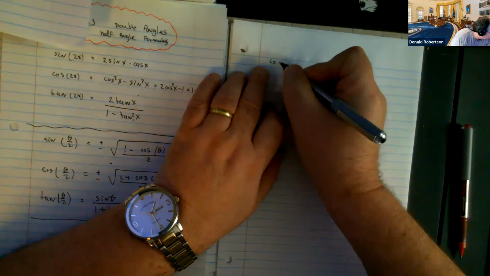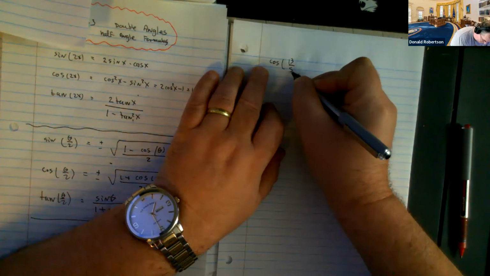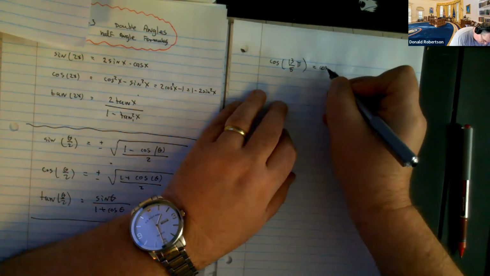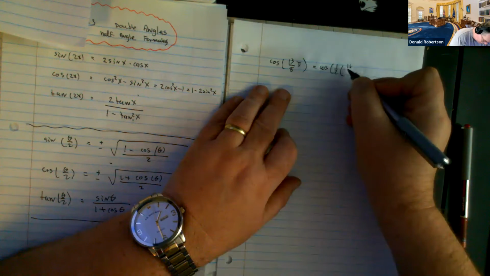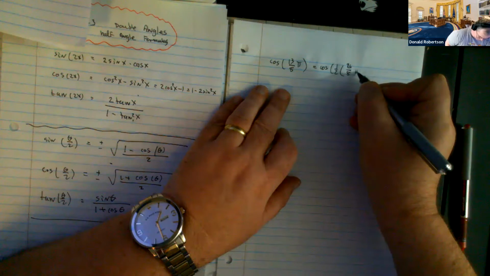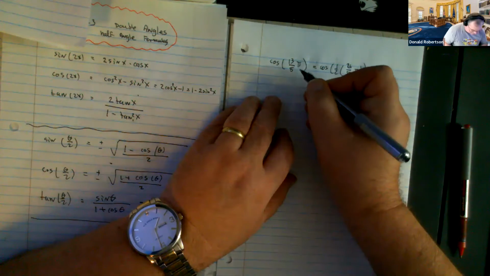Oh, we need to do one of these in radians then. The cosine of 13/8 pi. That's going to be the cosine of a half times 26/8 pi. Okay, which quadrant is 13/8 in?